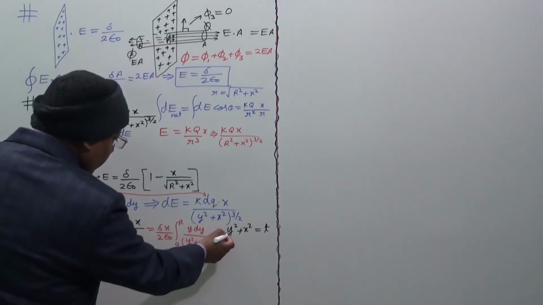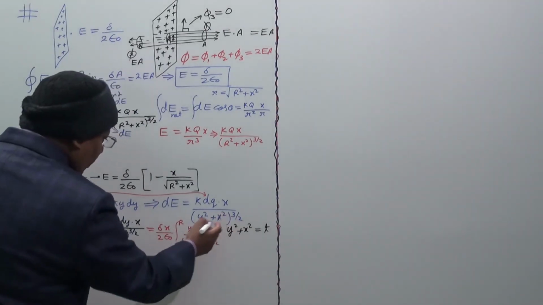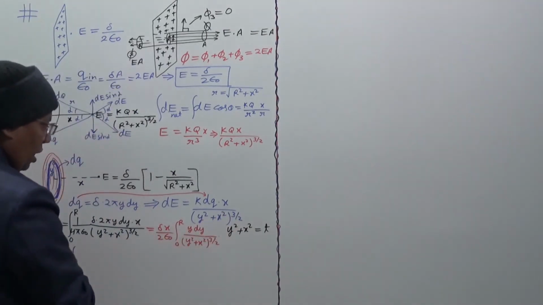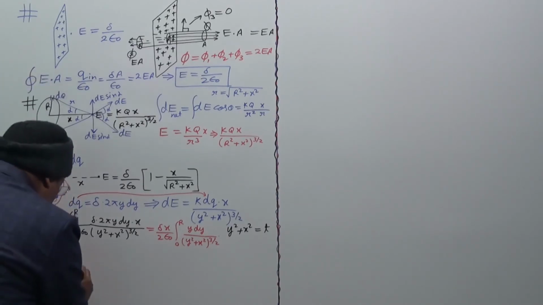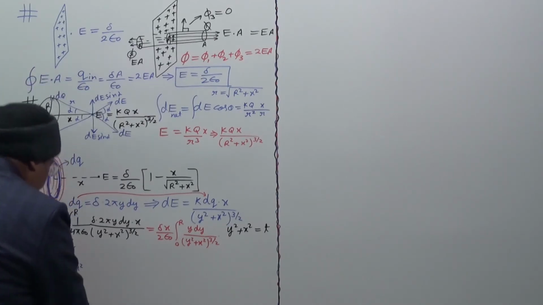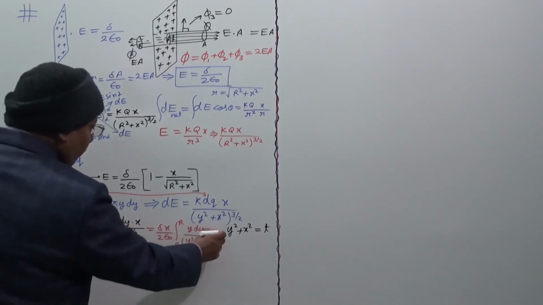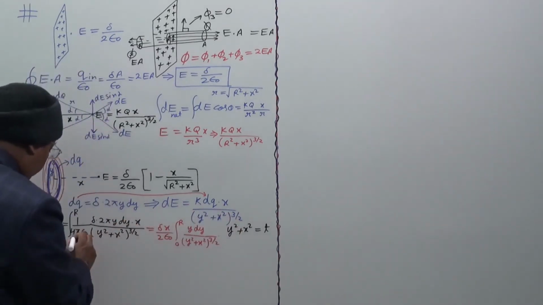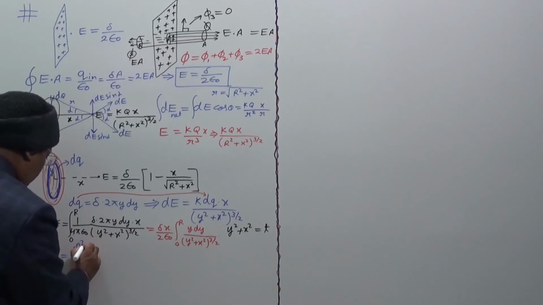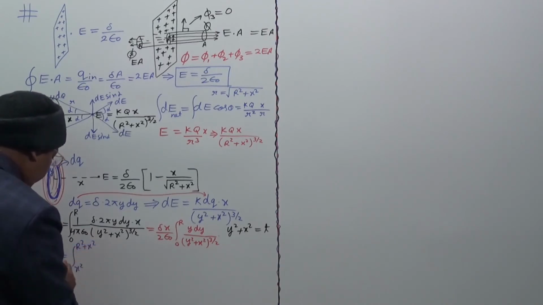If you put y as 0, you will get t is equal to x square. So here you have to put x square. If you put y as r, then you will get in place of t, r square plus x square.